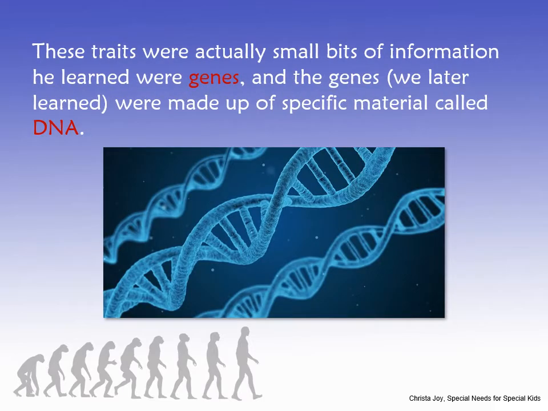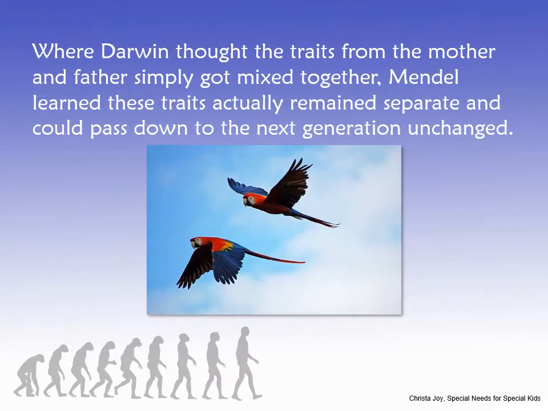These traits were actually small bits of information he learned were genes. And the genes, we later learned, were made up of specific material called DNA. Where Darwin thought the traits from the mother and father simply got mixed together, Mendel learned these traits actually remained separate and could pass down to the next generation unchanged.